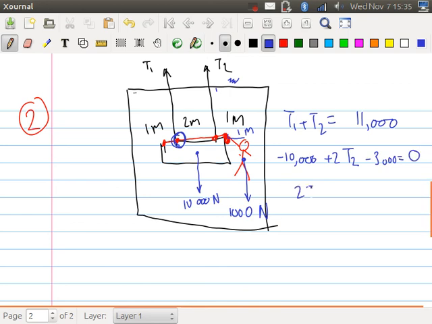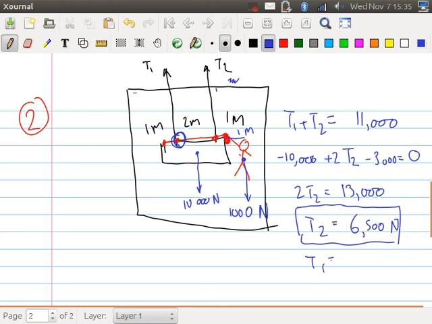So I get 2T2 equal to 3,000 plus 10,000. That's 13,000, so T2 should equal 13,000 divided by 2, so 6,500 newtons. And then T1 should equal 4,500 newtons.